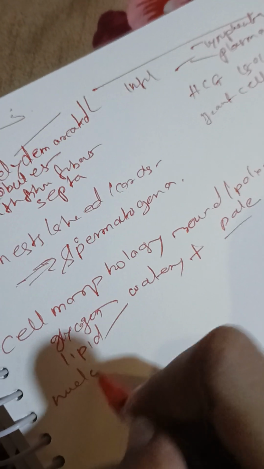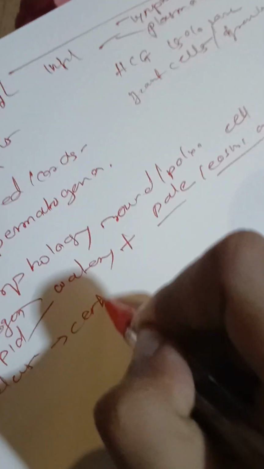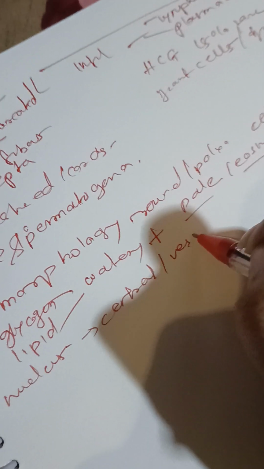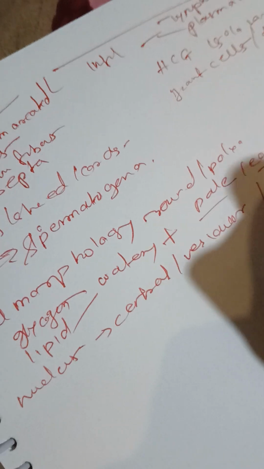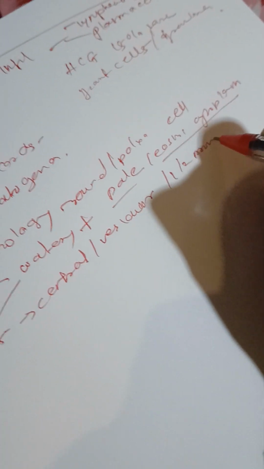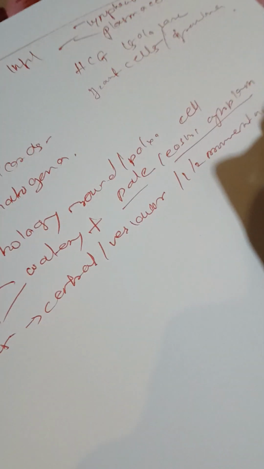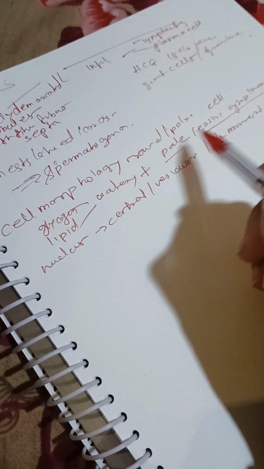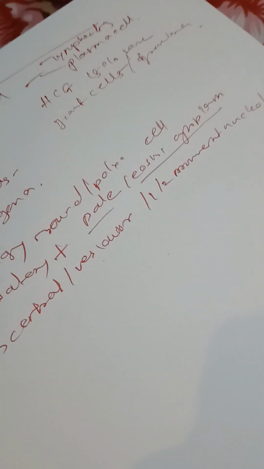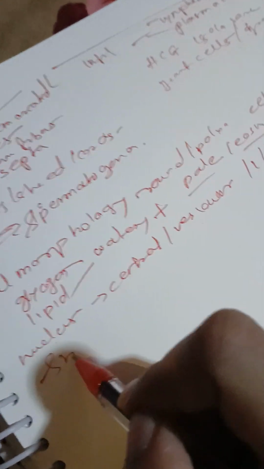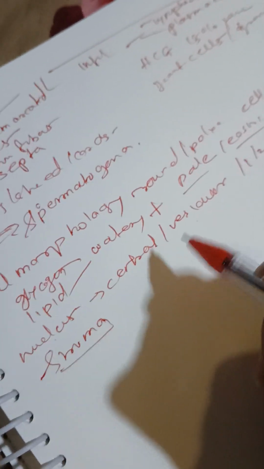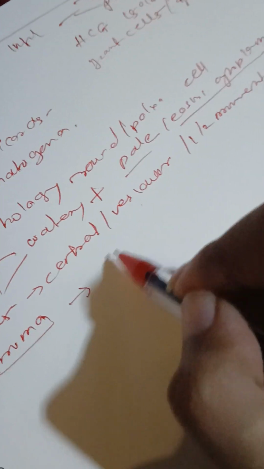The nucleus is central and vesicular with one or two prominent nucleoli. So that covers the nucleus, nucleoli, cytoplasm, and the basic cell structure. Talking about stroma, there is poorly demarcated stroma with thin fibrous septa.